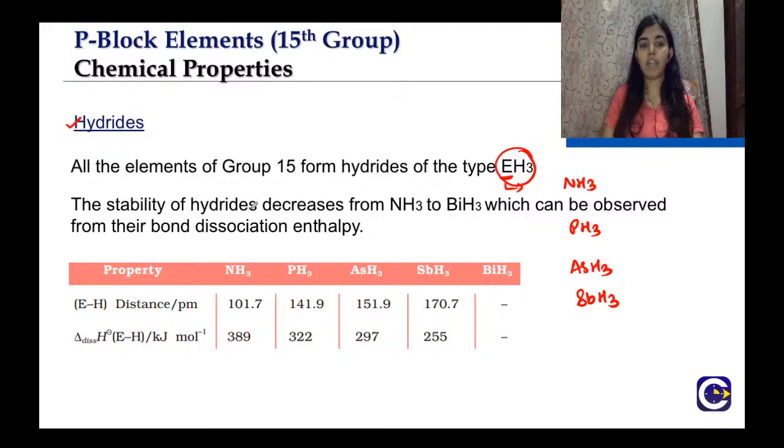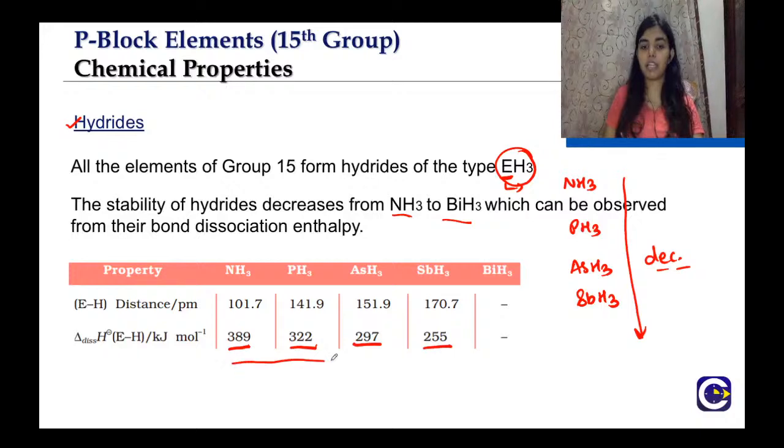The stability of the hydrides decreases from NH3 to BiH3, that means the stability decreases down the group. Why? Because their bond dissociation enthalpy is decreasing. The bond dissociation enthalpy for NH3 is 389, PH3 is 322, arsenic it is 297, then for antimony it is 255.